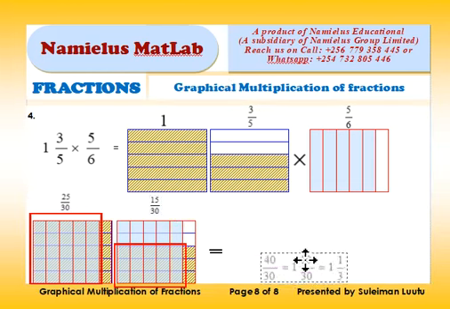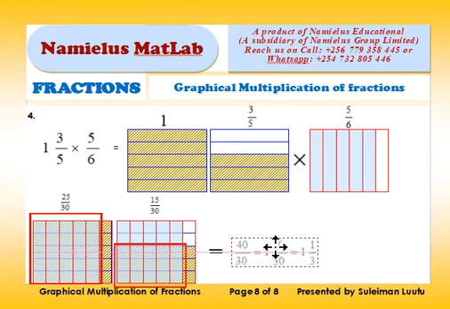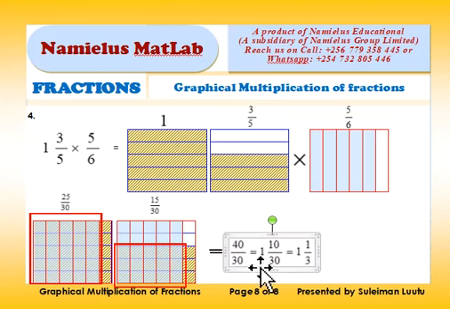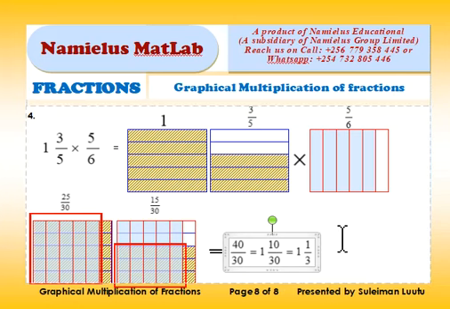So we shall have 40 over 30, which when dealt with further, will give one whole number, remainder 10 out of 30. So 10 out of 30 can be further reduced to lowest terms as 1 out of 3 when you cancel the 0. Then finally our answer becomes 1 1/3.